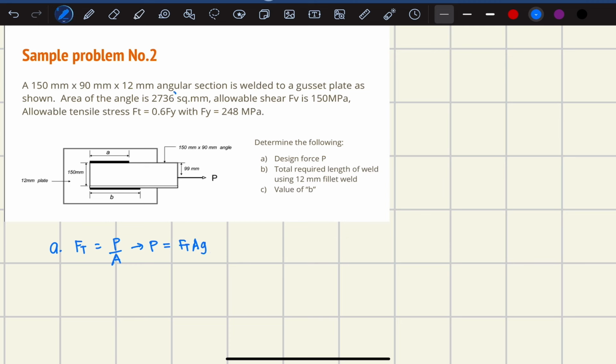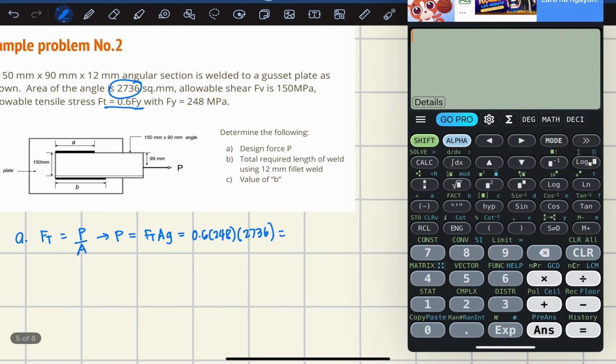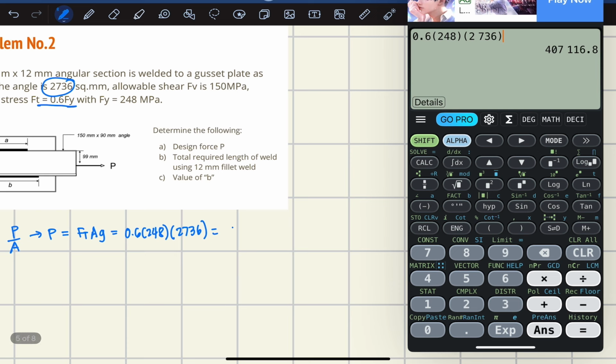So given the gross area of 2,736 and the tensile stress of 0.6 times 248, times the gross area of 2,736, the capacity or the design force based on the base metal itself is 407.17 kilonewton.